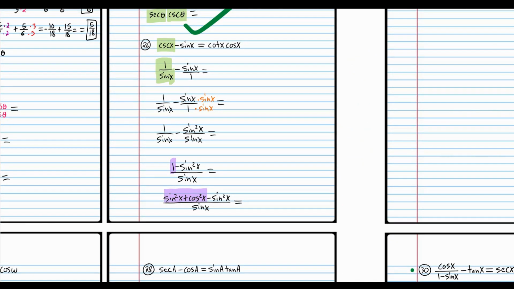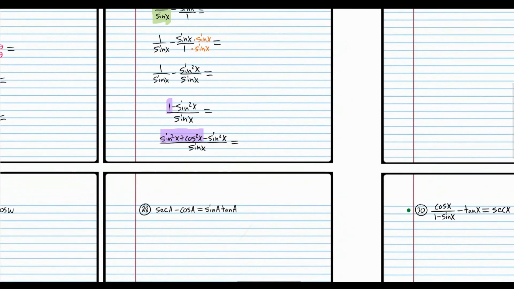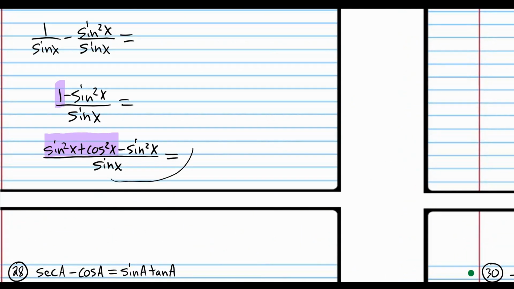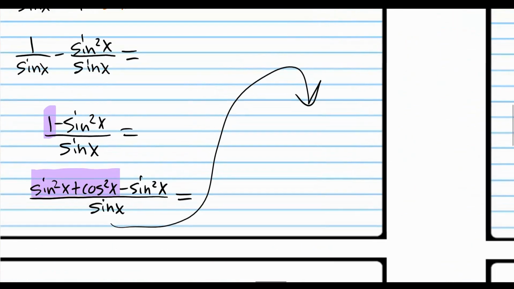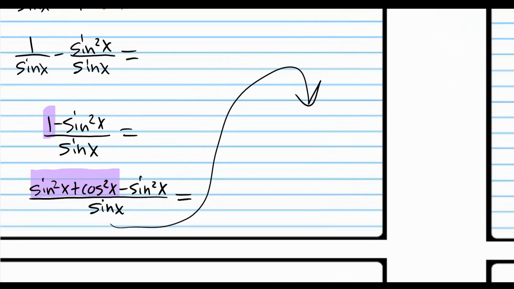And I'm going to shrink this stuff a little bit. Or maybe we can just use an arrow. I'm going to use an arrow, so all that stuff becomes, well, the sine squareds cancel out, and we're left with cosine squared x over sine x.